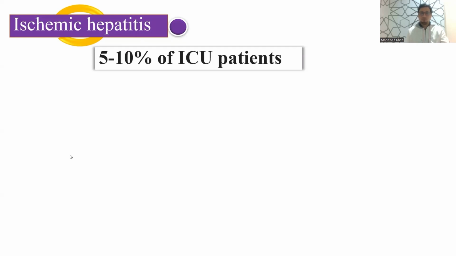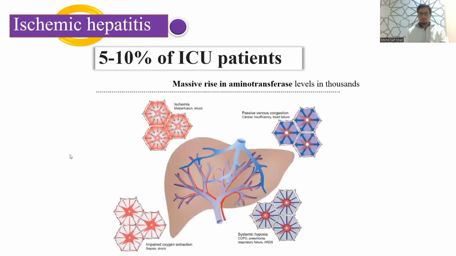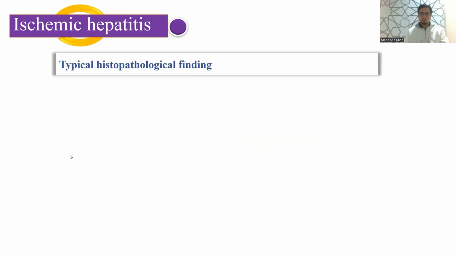It is a diffuse hepatocellular necrosis caused by hypoxia or hypoperfusion, resulting in a massive rise in aminotransferase levels, in the thousands. Of note, ischemic hypoxia of the liver can be caused by increased venous pressure as well as decreased arterial pressure. Patients with unrecognized pre-existing liver disease might also be susceptible to hypoxic injury.